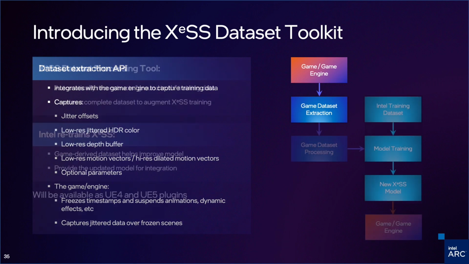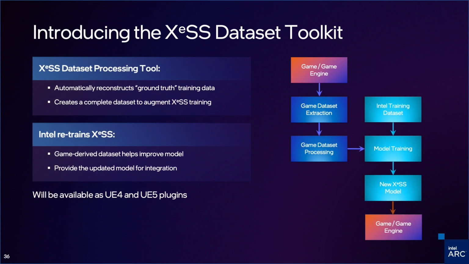The second component of the XeSS Dataset Toolkit is the XeSS Dataset Processing Tool, which generates training ground truth reference in the form of high-resolution anti-aliased frames. Given those frames and all the corresponding data captured from the game, the Dataset Processing Tool creates a complete dataset to train XeSS.